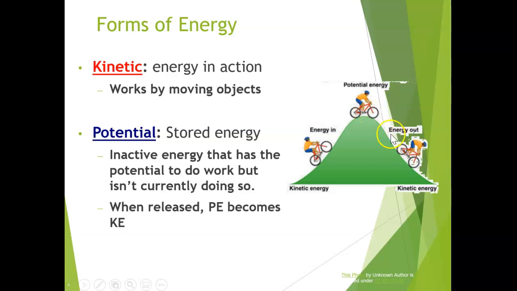When he starts to go down the hill, that energy now becomes kinetic energy or energy in action. So kinetic energy will move things, whereas potential energy is like this inactive or stored up energy where there's no work taking place. So once potential energy is released, then it will become kinetic energy.